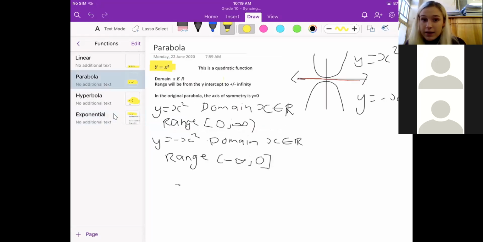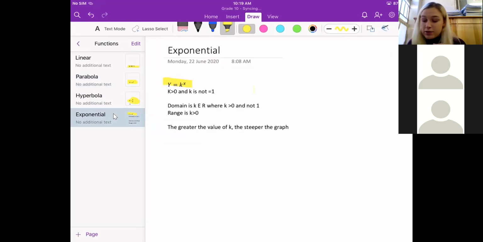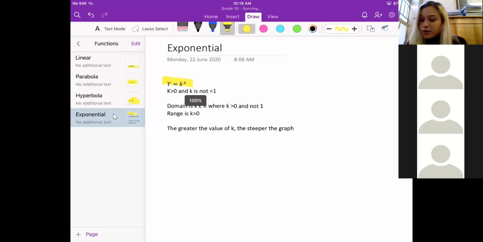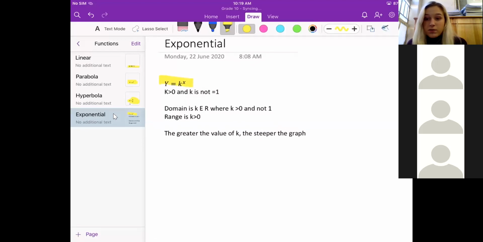Now we have something to the x in this exponential. That k is a constant that is greater than 0 and is not equal to 1. That's really important down here.